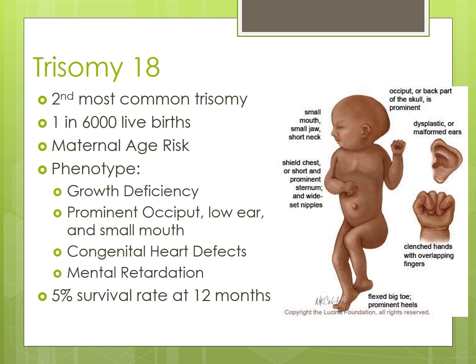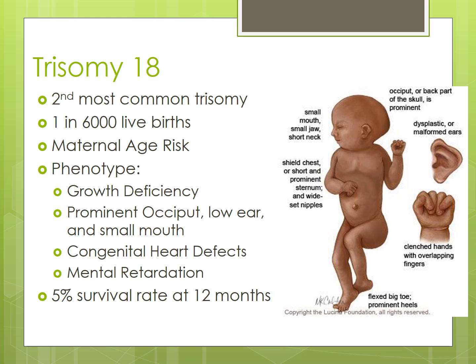The phenotype for these individuals would be growth deficient. They have a prominent occiput, which is a prominent back part of the skull, as you can see here. They have a lower ear, similar to trisomy 21, and they also have a smaller mouth. Congenital heart defects are also common in this trisomy, and there is an associated mental retardation.